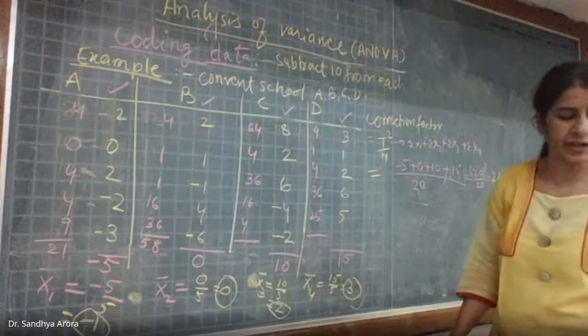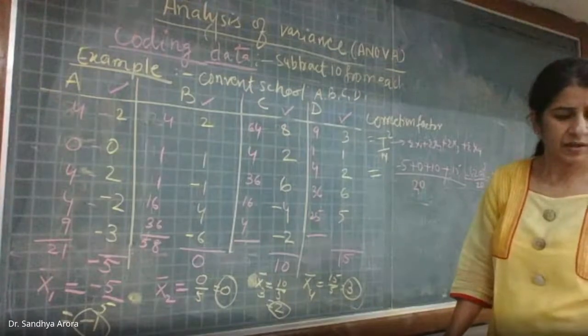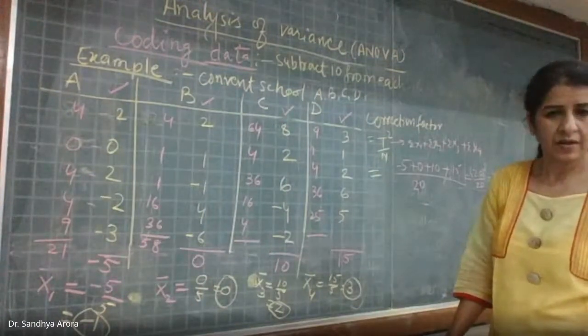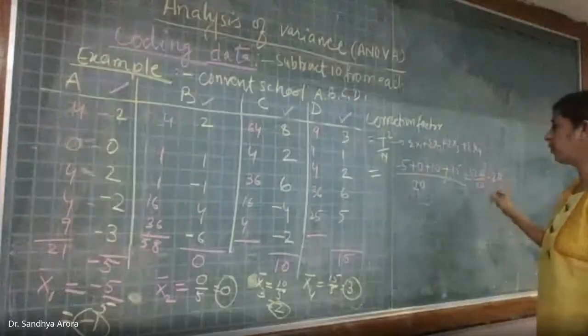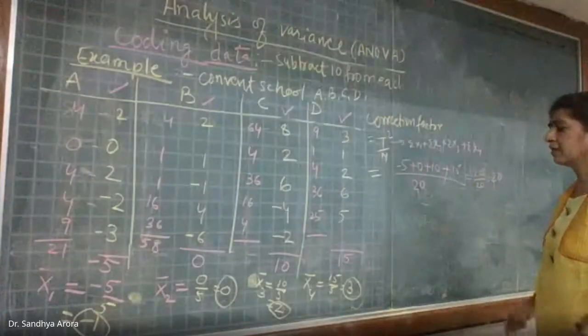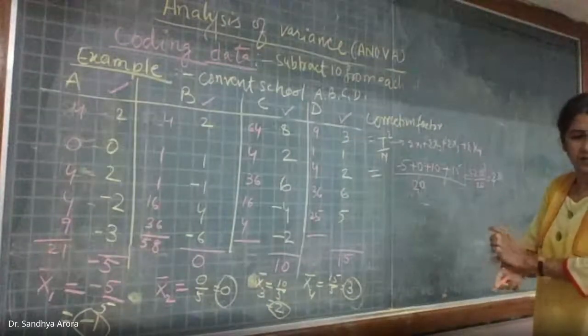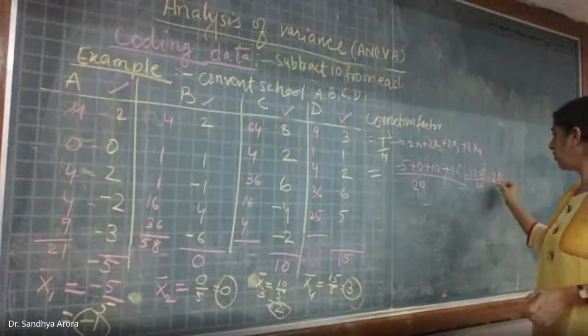Correction factor is 20. Girls, please answer. Yes, ma'am. Okay, this is how you are calculating the correction factor: 20 square divided by 20 is 20.